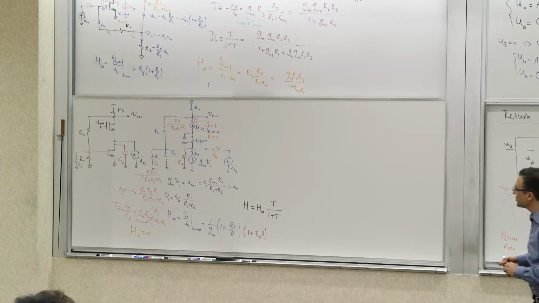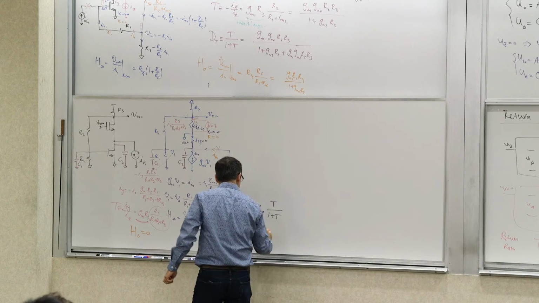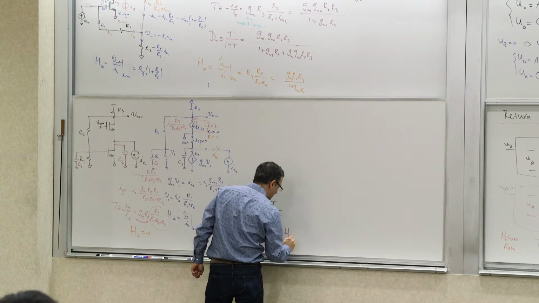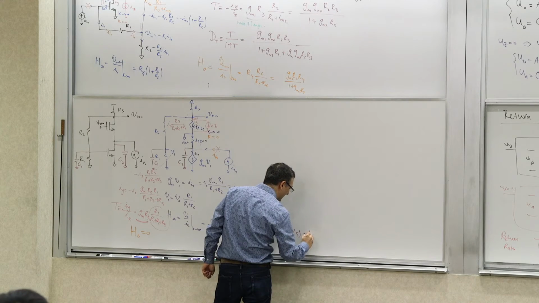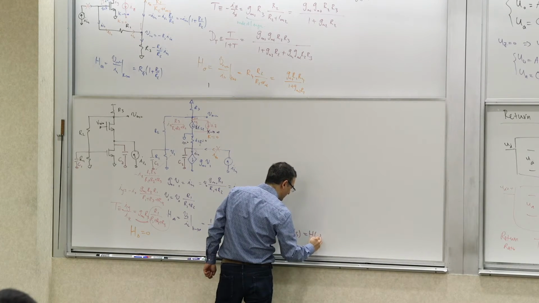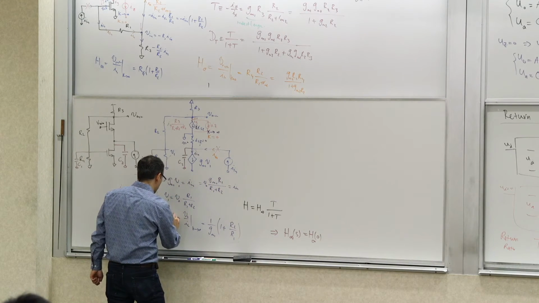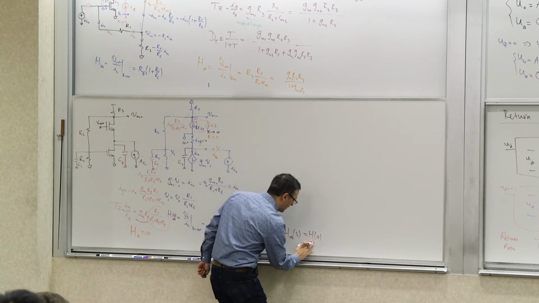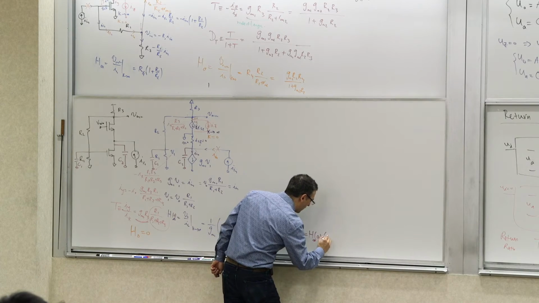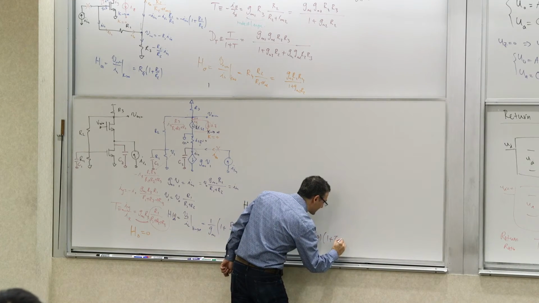So essentially, H infinity of s is H infinity of 0, which we calculated before. Let me just remove this, and let's call this H infinity of 0 times 1 plus tau z s.